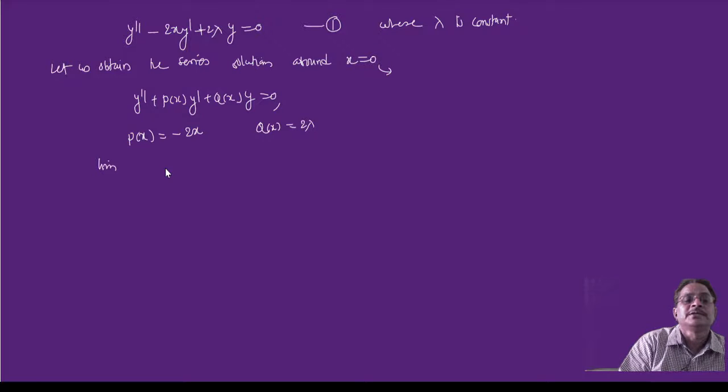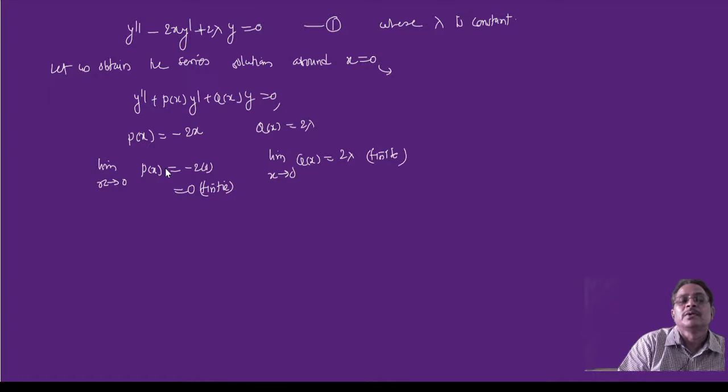In the limit x tends to x0, I get p of x is equal to minus 2 into 0, that is 0, so it is finite and there is no need to do anything here. In the limit x tends to 0, q of x is always constant, that is twice lambda, so this is also finite.